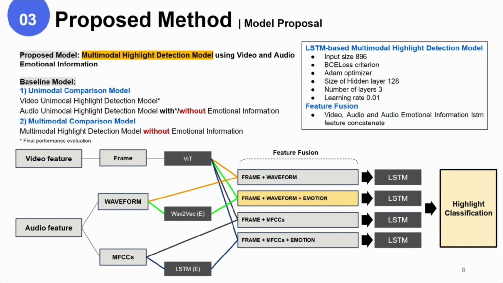As you can see in the figure, we decided to go with a feature that combines the image frame with the emotion extracted from the waveform. This combination served as the input for our LSTM multimodal model for highlight classification.